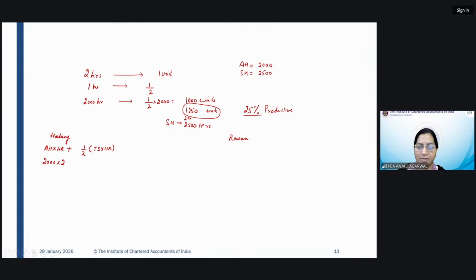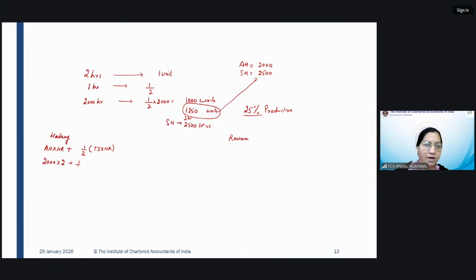Sometimes it can be given as standard hours and actual hours taken, and sometimes it can be given in the form of output. When it is given in the form of output, you have to find out how many standard hours it would have taken to generate the same output. So hours saved are 500.